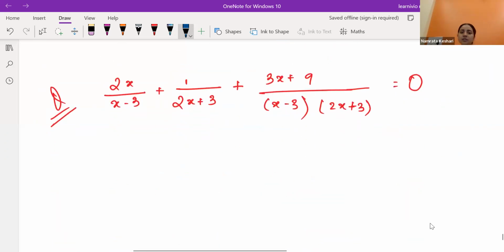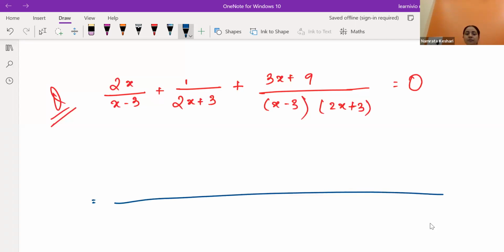Now the next one, this one we'll be doing together. Now I will ask you, what can be taken out as the LCM over here, Zoha? Maybe we can take x minus 3 whole square. We can take both of them as whole square.